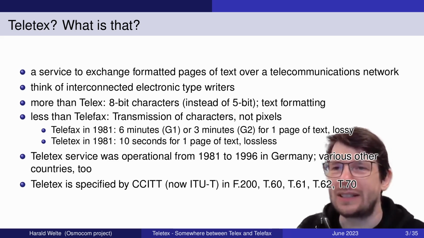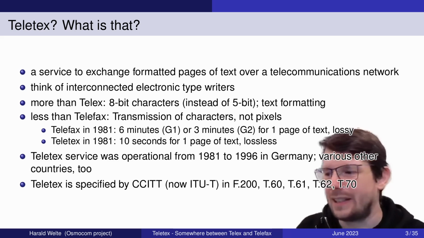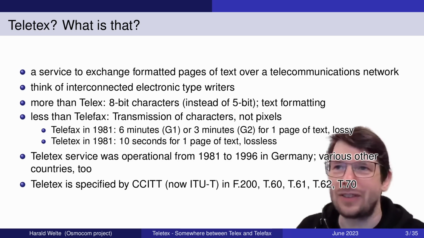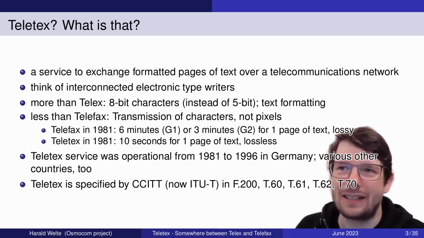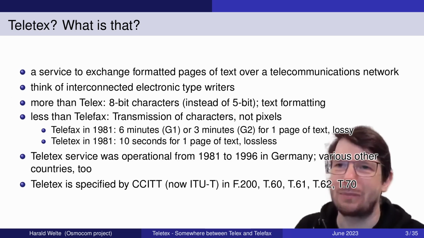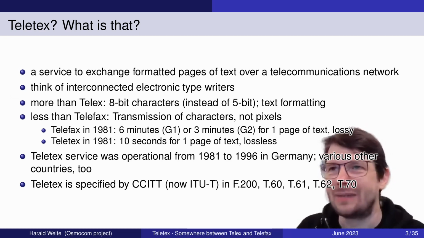So in Teletex, you're really transmitting a document or pages of text. And in theory, the receiver, given a sufficiently sophisticated receiver, could even edit the text again. So you really receive it as characters of text and not as pixels of some low resolution black and white image.